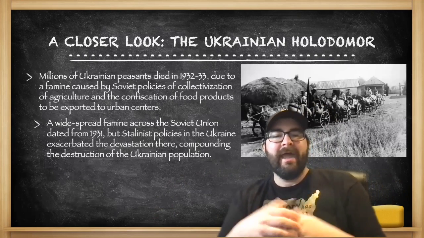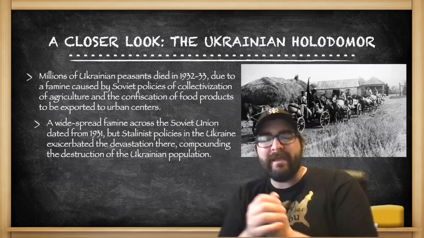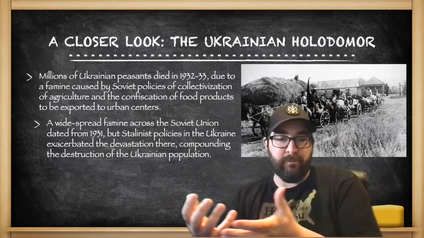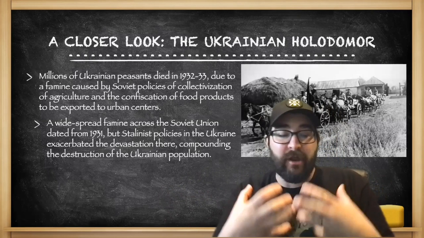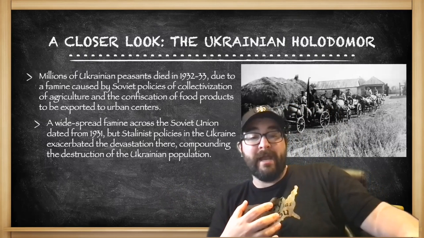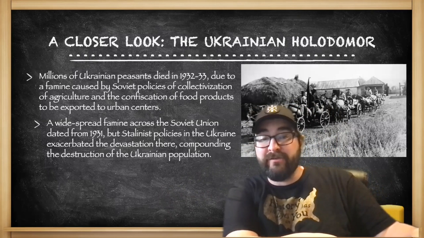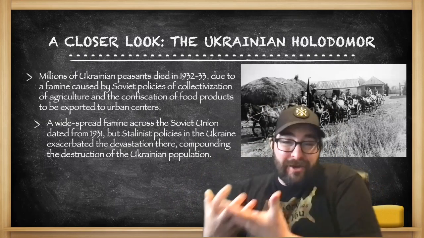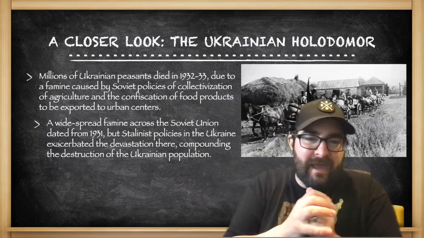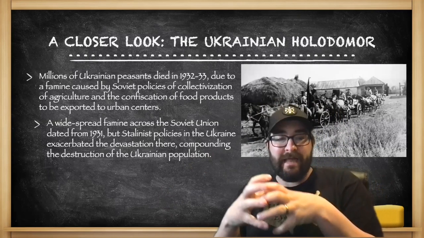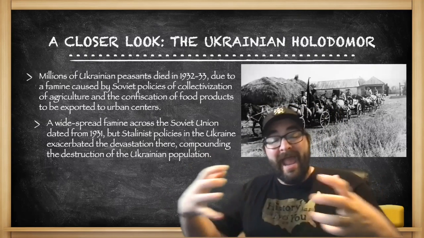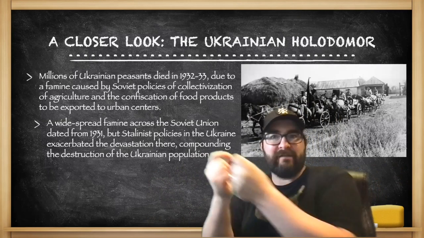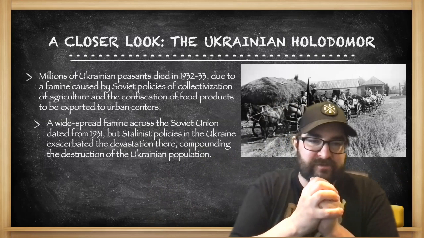And then finally, one unique example the College Board gives us is the Ukrainian, what is known as the Holodomor. This is the mass starvation of Ukrainian peasants during 1932 and 33. This is caused by a famine that is largely the fault of Soviet economic policies of collectivization of agriculture and the Soviet government confiscating the food production to be exported towards industrial centers.